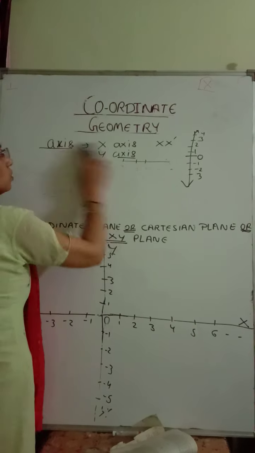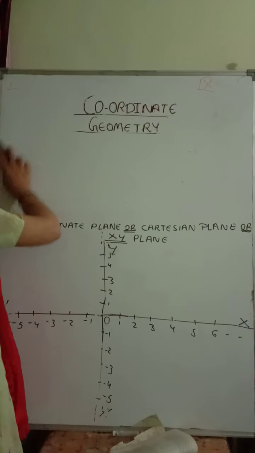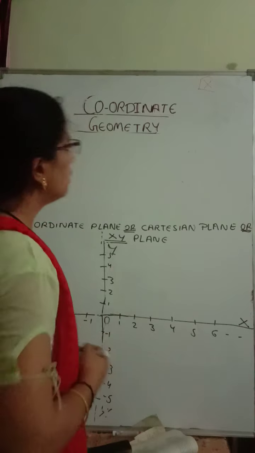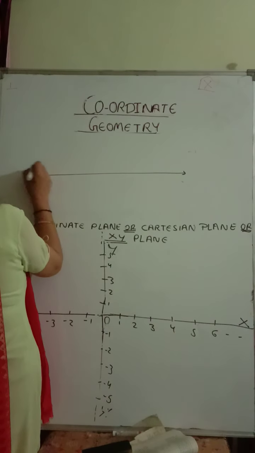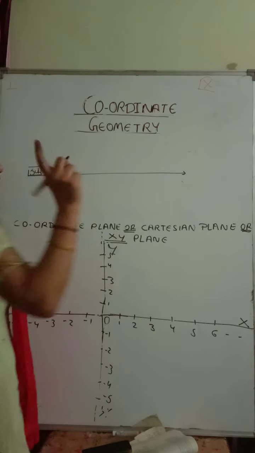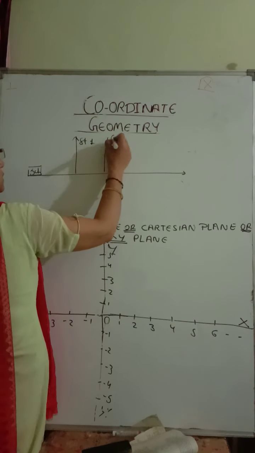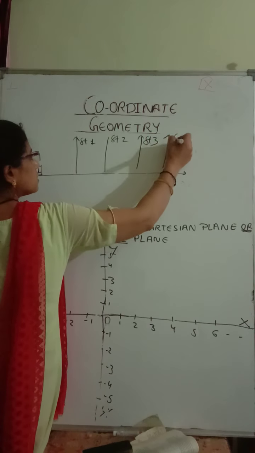Okay. Second thing is, whenever you want information about an object, you want at least two pieces of information. Suppose this is a main road and you are starting from here, this is your school and you are going along the main road. These are the streets, galiyan: street 1, street 2, street 3, street 4, street 5.